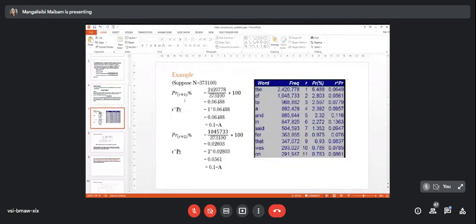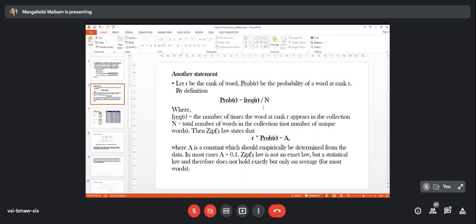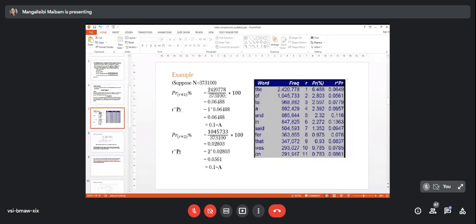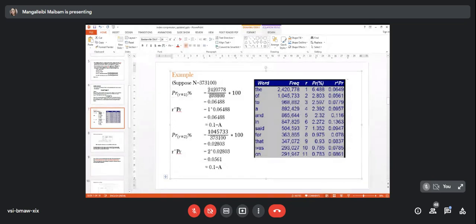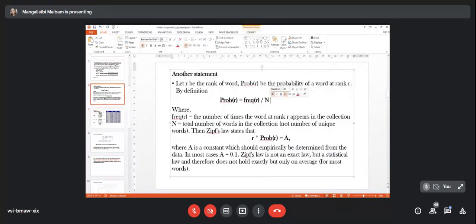First for rank 1: based on the data given here, rank 1 is "the", which appears 224,20,778 times. We write this using the formula, frequency of R, divided by 373,100, which is N.